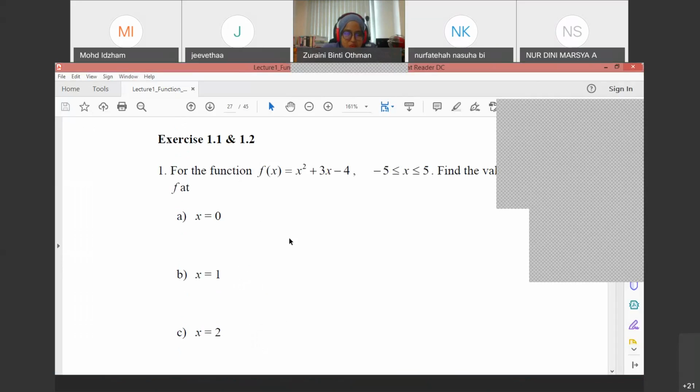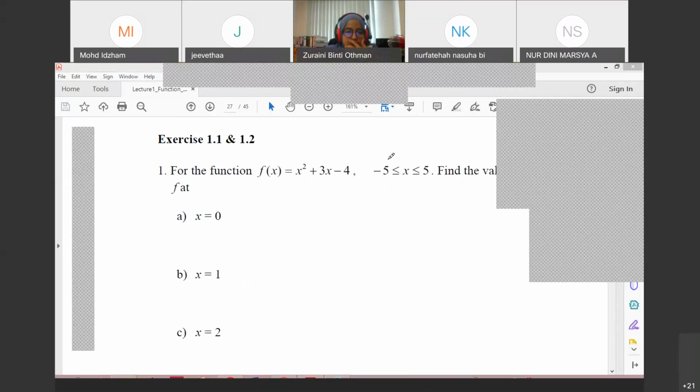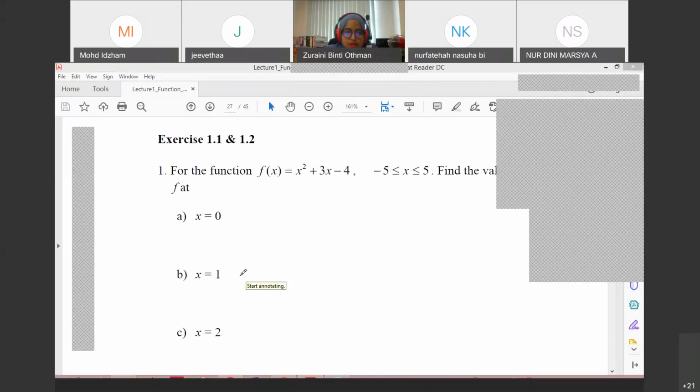Okay, sebab tu saya nak tahu. Sebab saya pun tak suka kalau saya pun tak buka saya punya skema ni. Maksudnya we discuss together. B isn't it 0? So now we try to answer B. If x is equal to 1, then our x here we replace with 1, right?